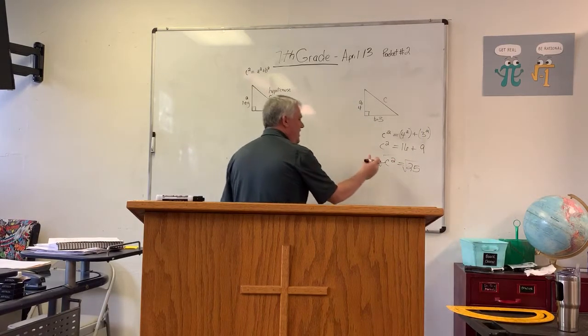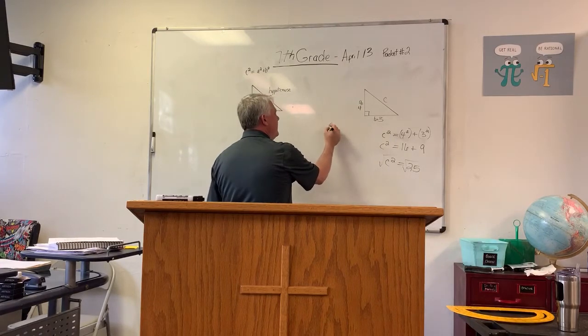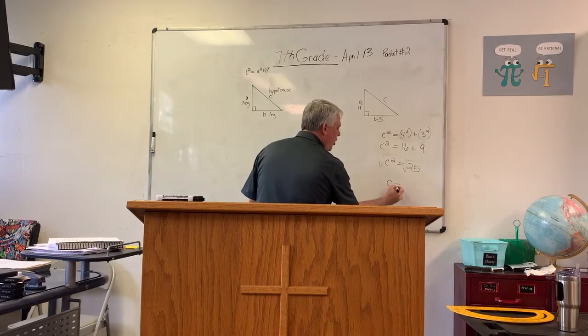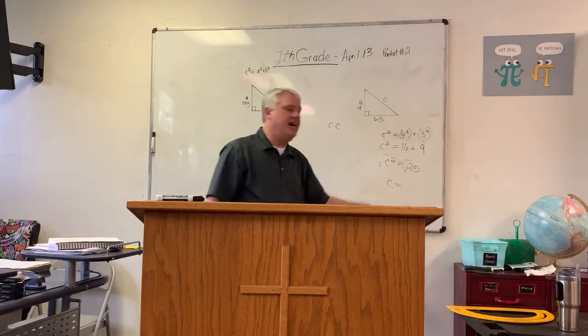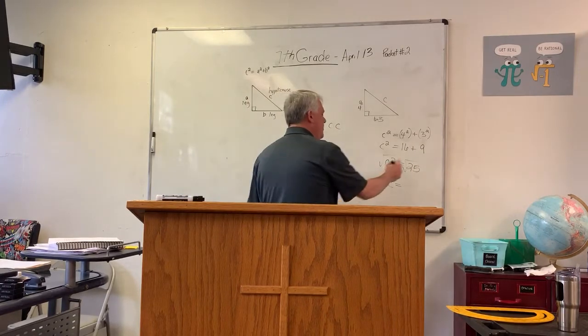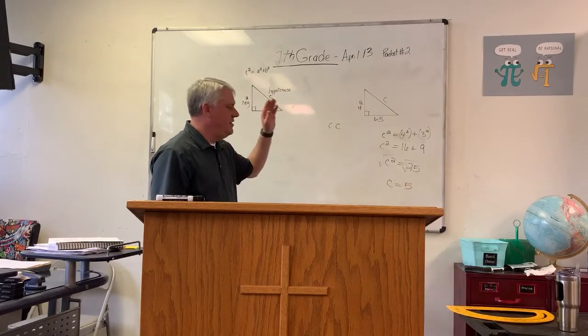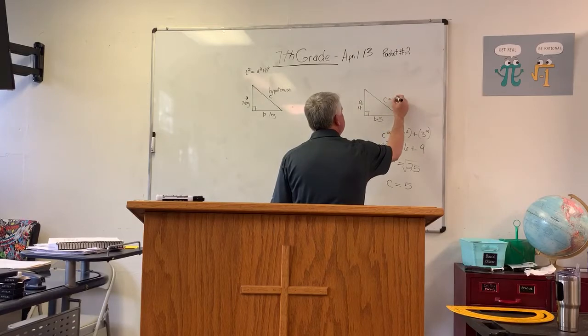What times C gives me C squared? And the answer is C times C. So the square root of C squared is always going to be C. Then whatever I do to one side, I must do to the other. The square root of 25 is 5. My answer is 5. My hypotenuse is 5.